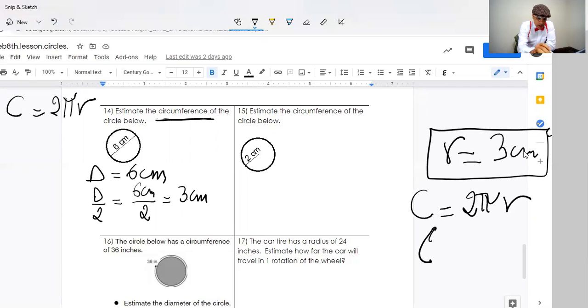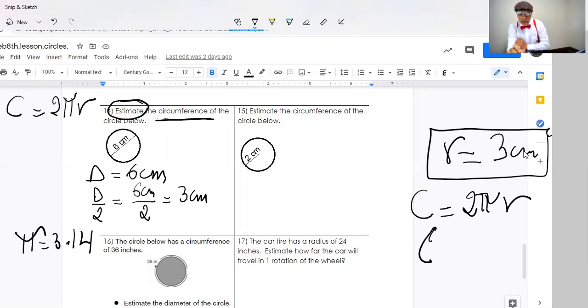We're going to estimate. When you see this word estimate, they want you to use 3.14 for pi, okay? Pi is a number that never ends. So when you see that word estimate, we're going to round it to 3.14. It's not exact, it's close to what it should be, okay?